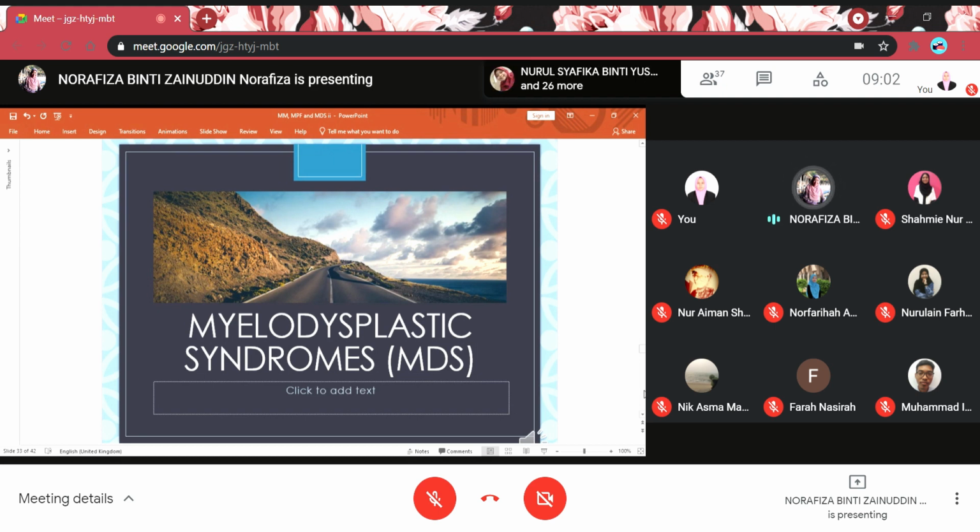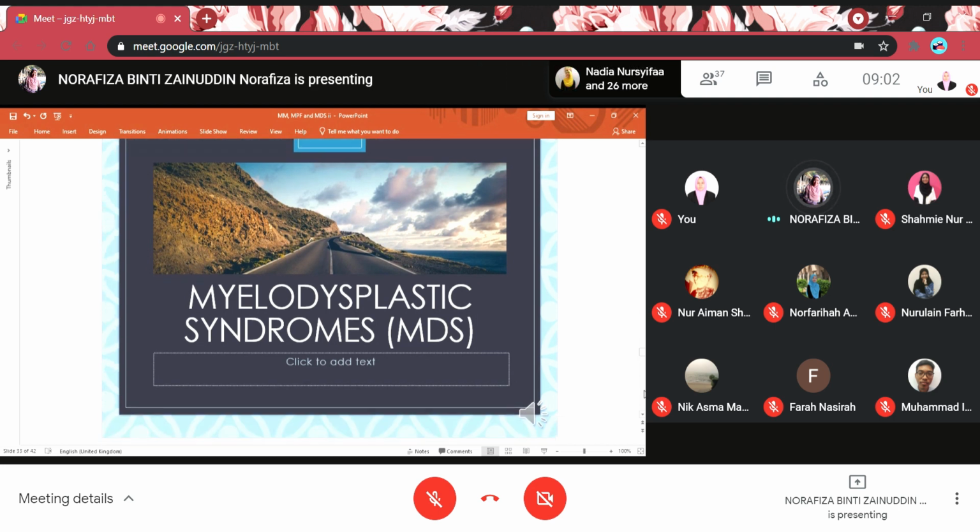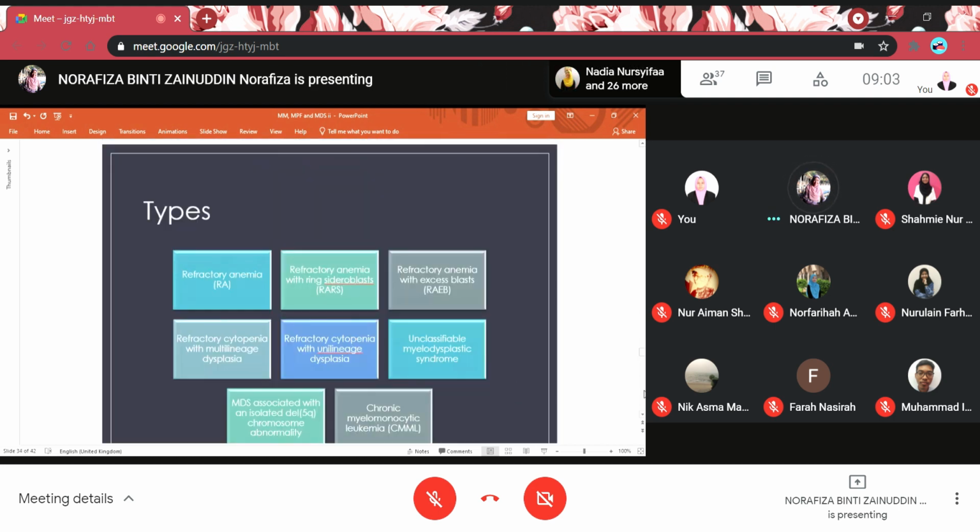But MDS cases in young adults and children have been reported before. So the different types of MDS are diagnosed based on certain changes in the blood cells and also bone marrow.